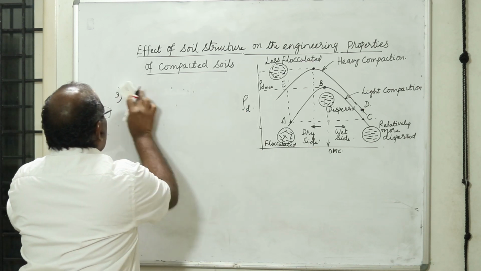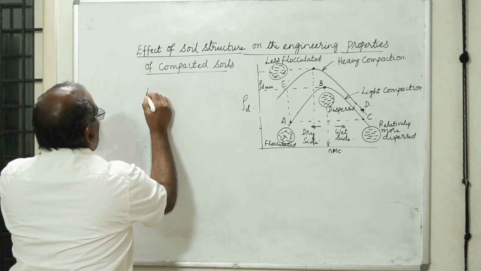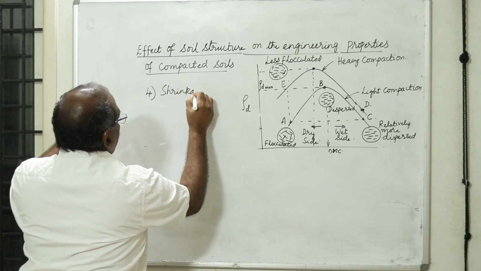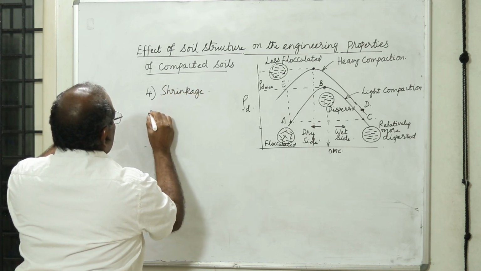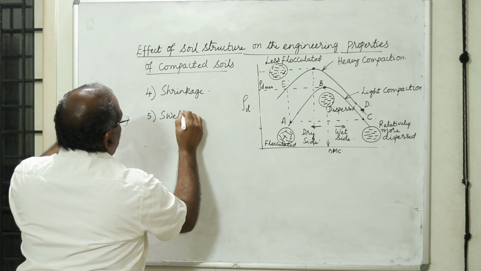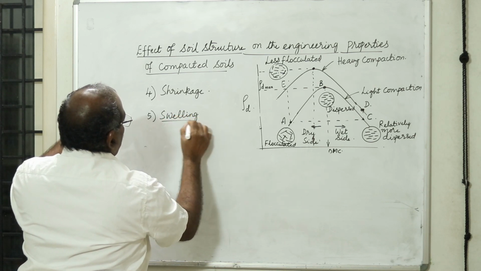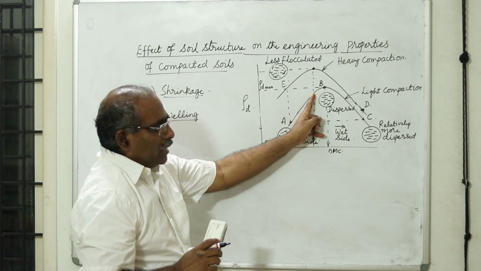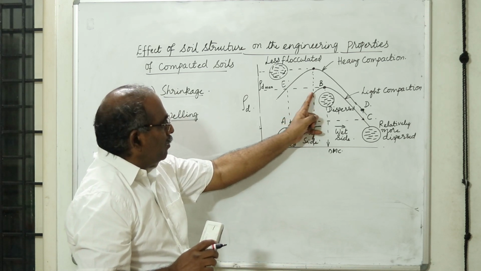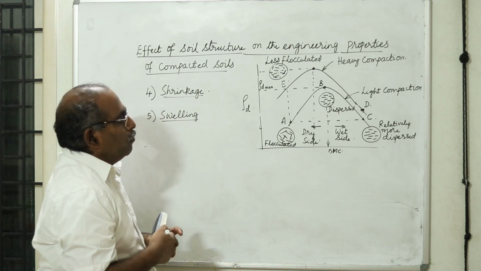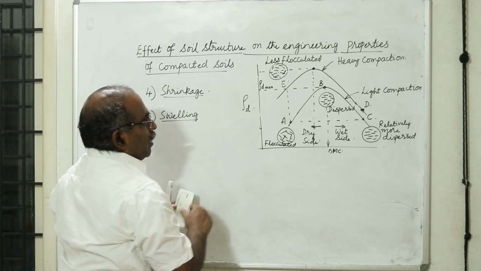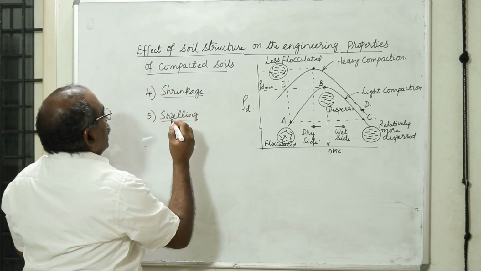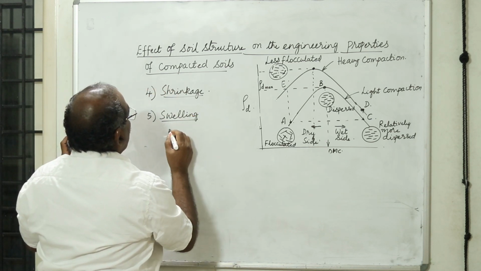Now we'll go to the fourth aspect, that is the shrinkage and swelling. Fifth one is swelling. Now let us try to take a sample which is compacted slightly on the dry side of optimum. What happens, it will have more thirst for water, okay? Because you will have some voids and the flocculent structure, you will have more thirst for water, therefore swelling will be more in this case.